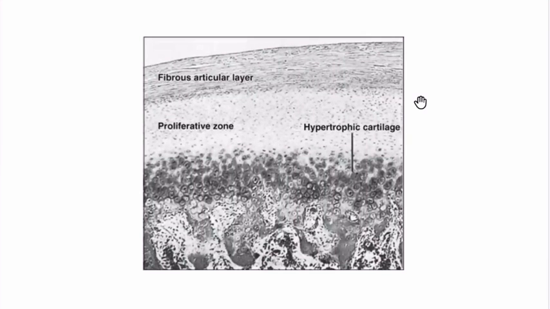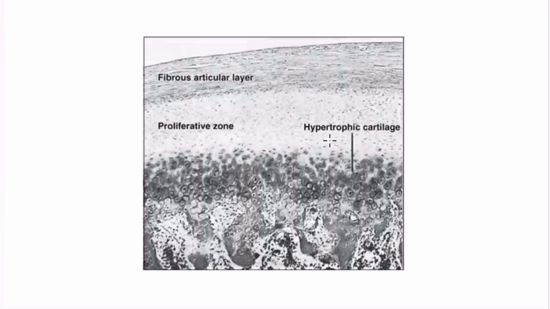The fibrocartilage normally contains chondrocytes, and they are not arranged in any order in the TMJ. While in long bones, where we have hyaline cartilage joints, the chondrocytes are arranged as columns, rows of chondrocytes.